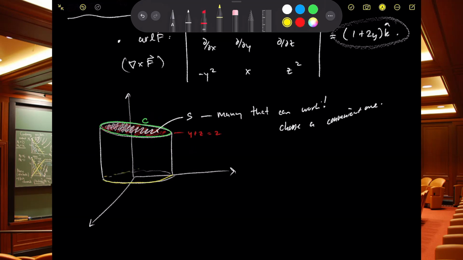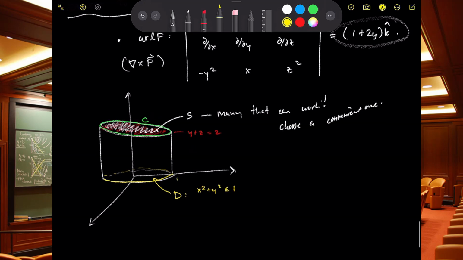We can see that it has a projection down in the xy plane, D. We know D is really the disk of radius 1 because of our boundary with the cylinder. And we know that up here, for these points, the height is going to be given by 2 minus y when we solve that plane equation.